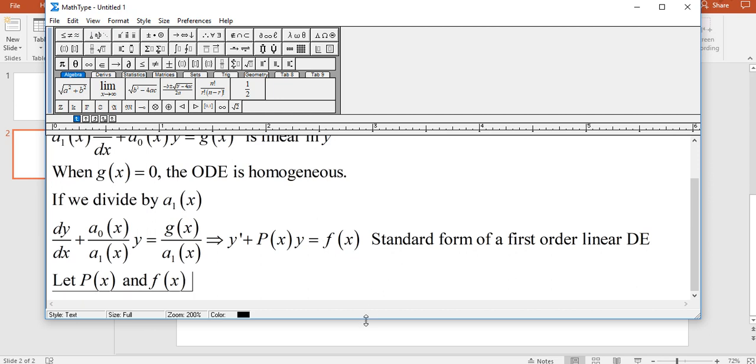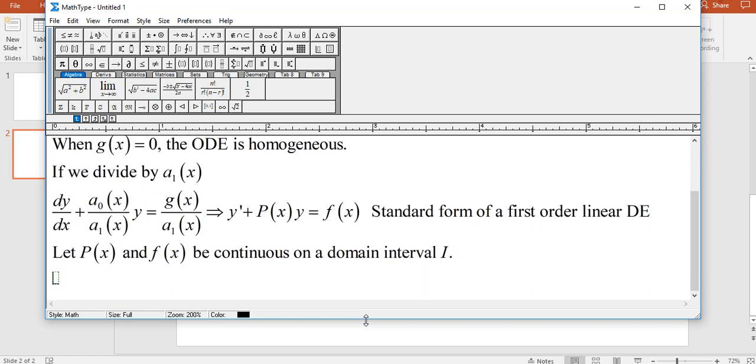So let these two things be continuous on a domain interval I. Okay. Now, it's possible that we could also say continuous and differentiable, and that would really strengthen what we're going to do. But in this case, we can get away with just continuous type functions, and we can dodge that issue.